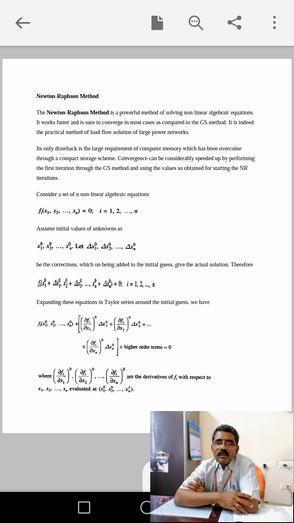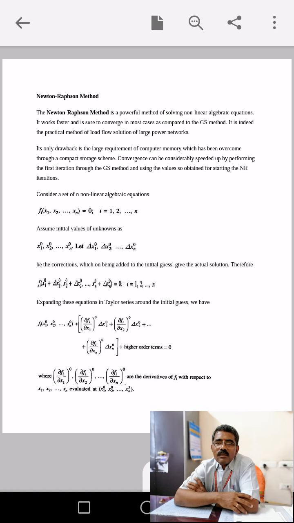Dou fi by dou xn evaluated at the initial guess multiplied by delta xn(0) plus higher order terms equal to 0. And we will be neglecting all these higher order terms.